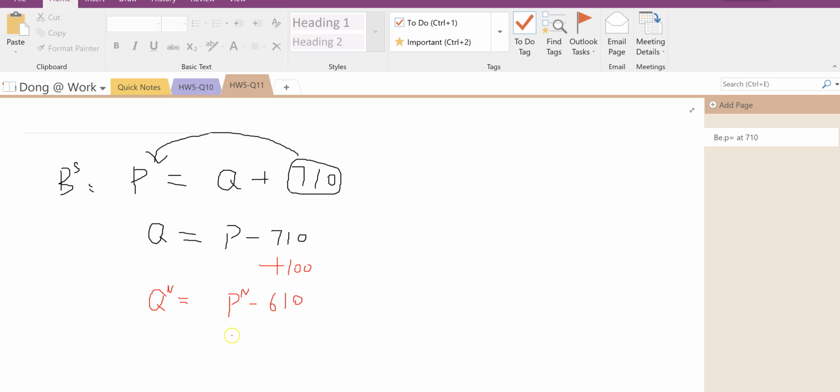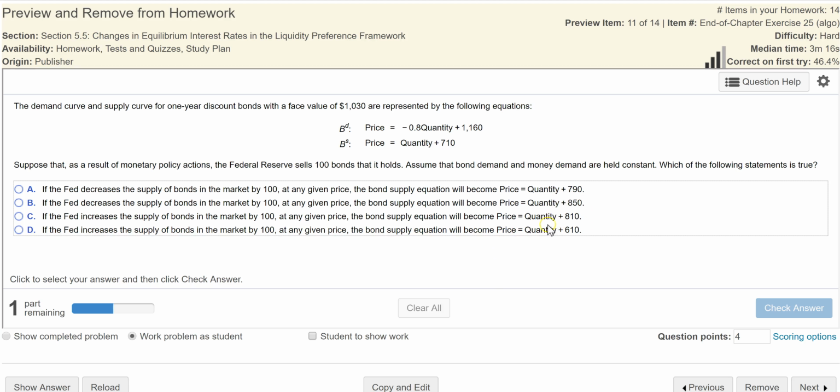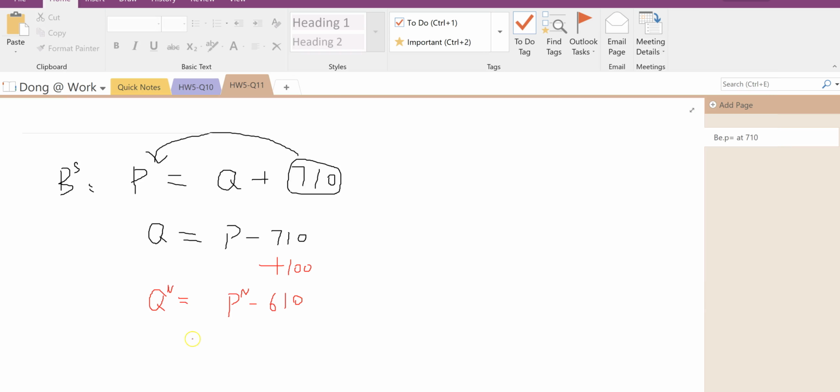Then if you look at these four choices, the supply equation is still expressed for price in terms of quantity. So now we can just move this back: price, and move this 610 to the other side and change the sign again. Pn equals Qn plus 610.